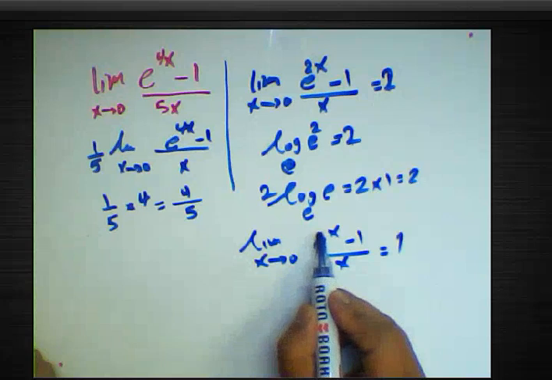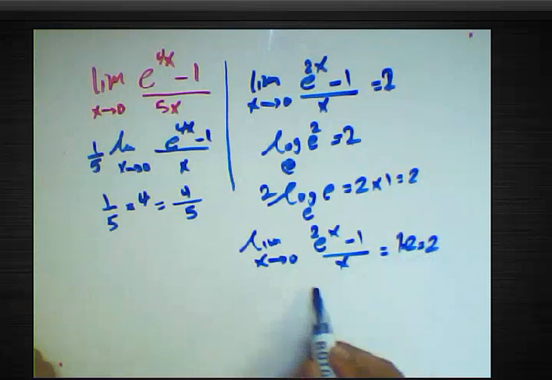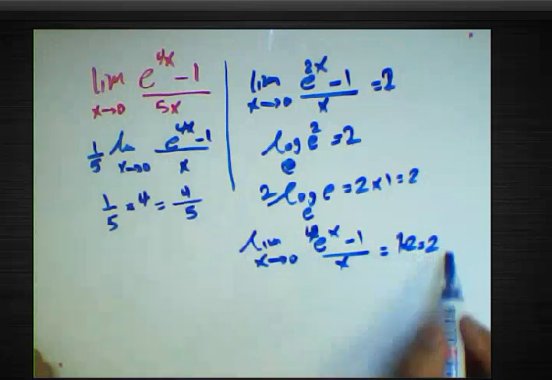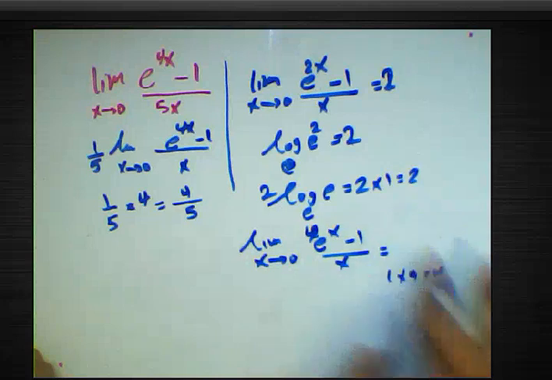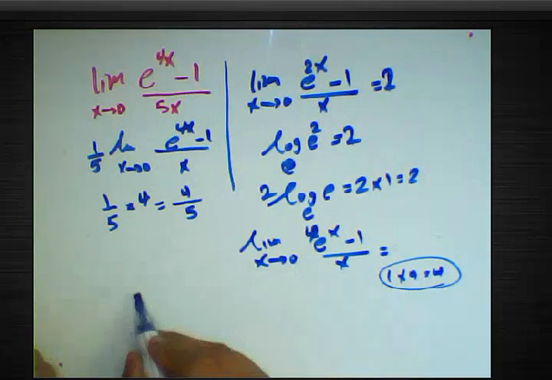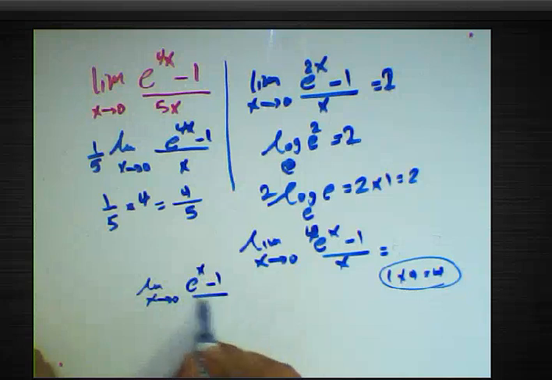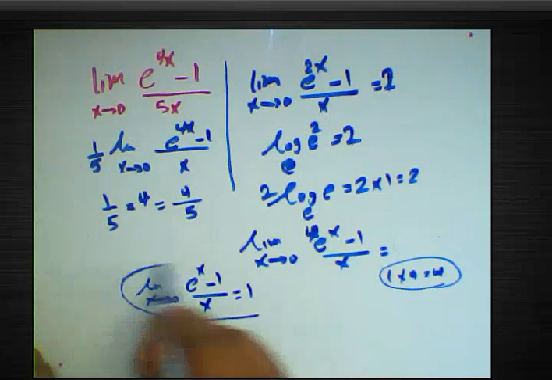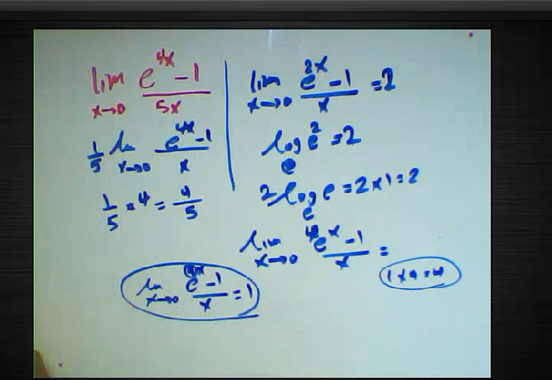If we change the power and write 2, it is 2 times 1 equals 2; for 4, like this example, it is 1 times 4 equals 4, and so on. So the limit of (e to the power x minus 1) over x equals the coefficient of x, here 1.